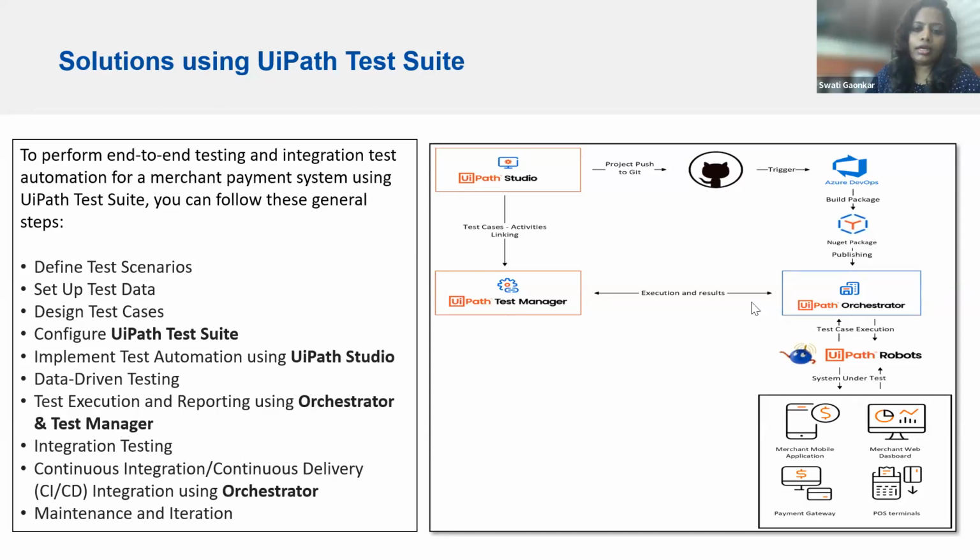Then you can connect Zephyr, which is inside Jira as well. So you can have any type of connections to ALM tools and test management tools if you are using them. So yes, this is possible.